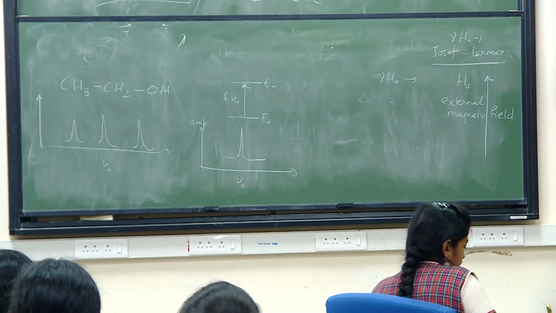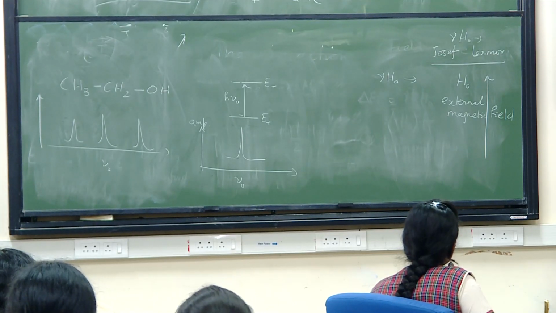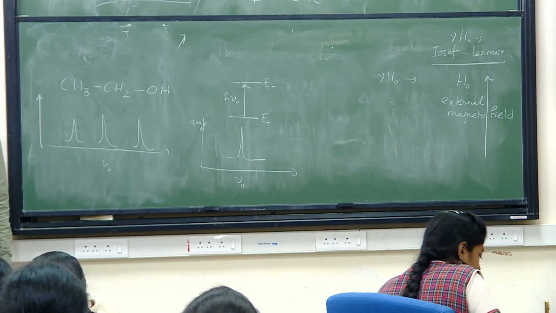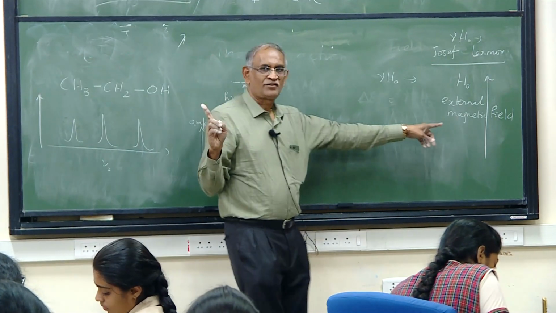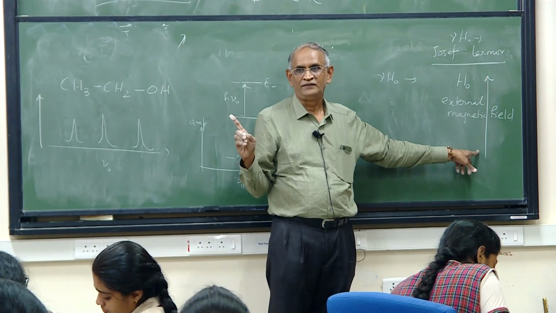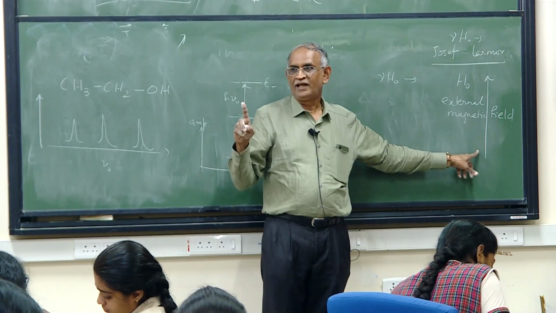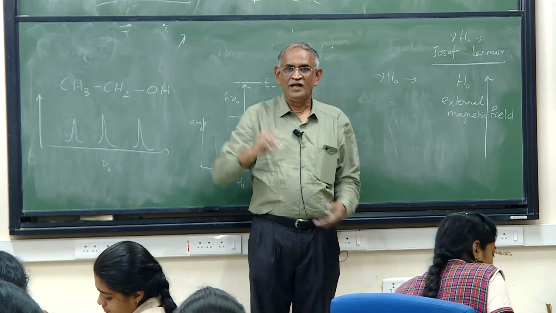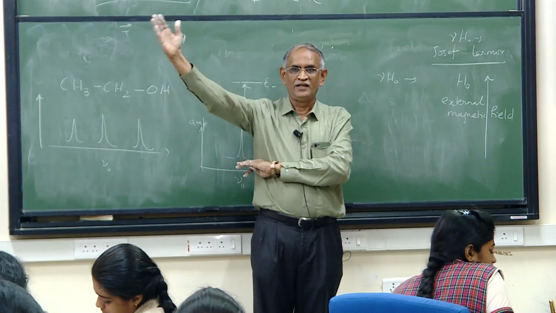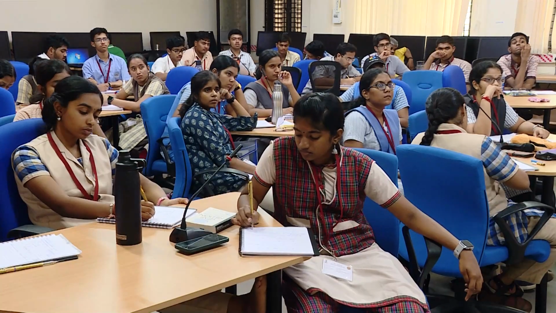Therefore, the electrons around the nuclei generate small magnetic fields. That magnetic field offsets this magnetic field. It may add to the external magnetic field or subtract from it. It's like a shield for the external magnetic field.